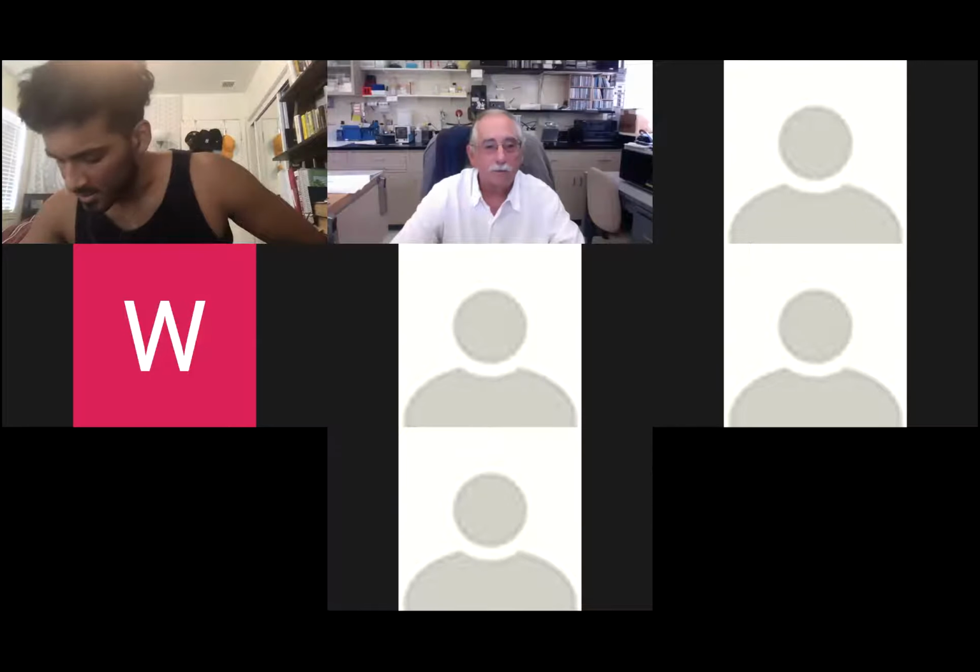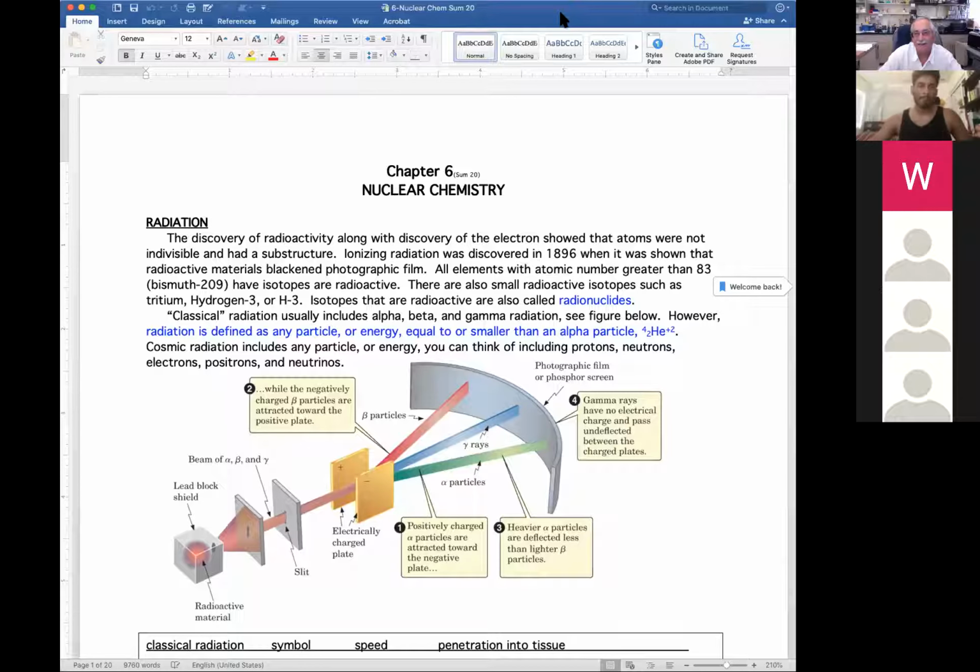Then, apparently everybody likes balancing nuclear equations. So going through radiation, this was the classical radiation, alpha, beta, and gamma.